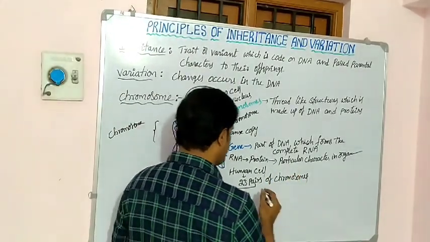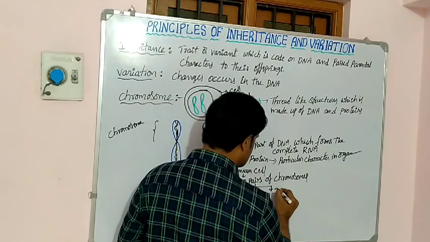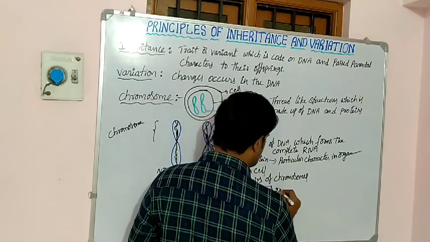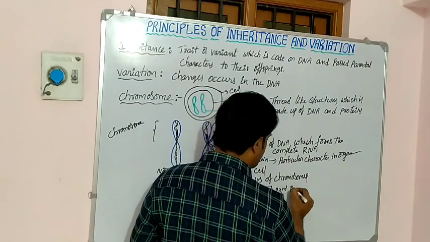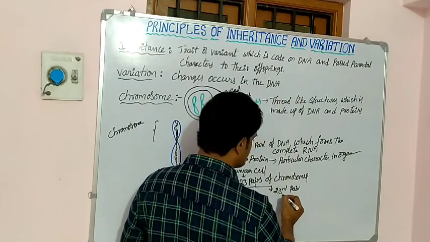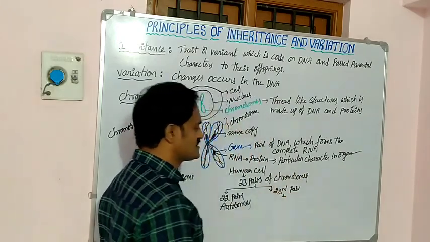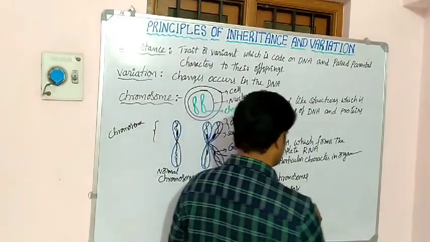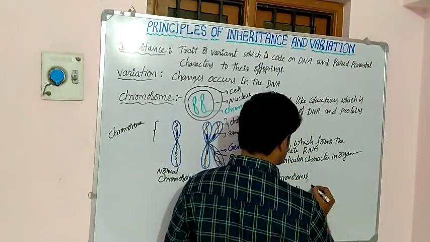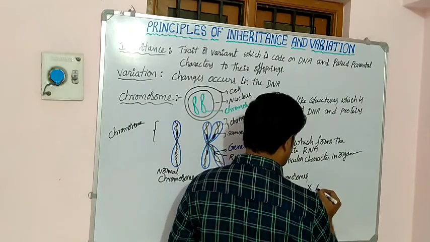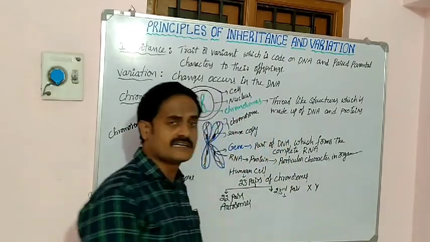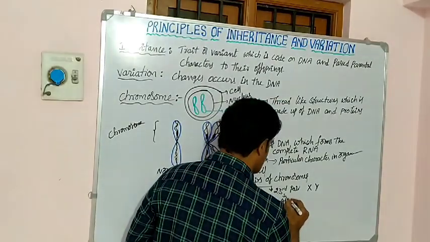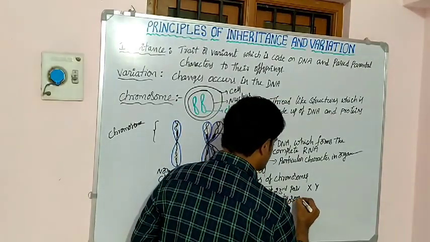Then the remaining 23rd pair of chromosomes are different. What type of chromosomes? They are X and Y chromosomes. So these chromosomes are called allosomes.